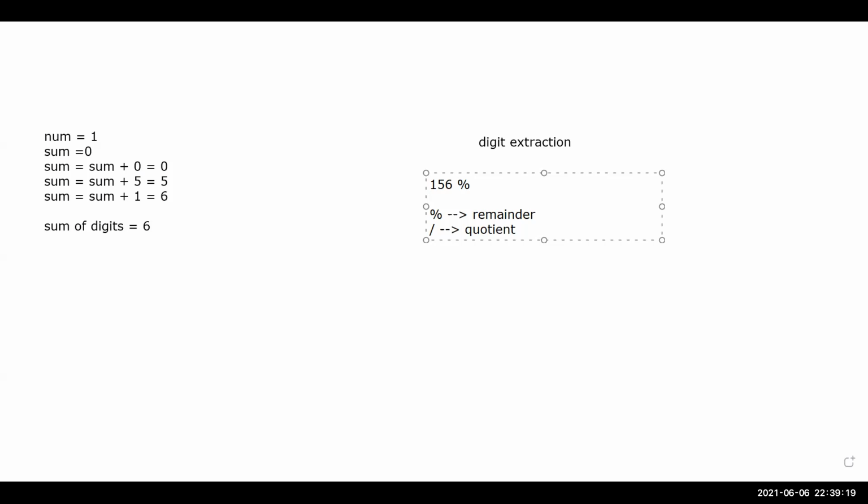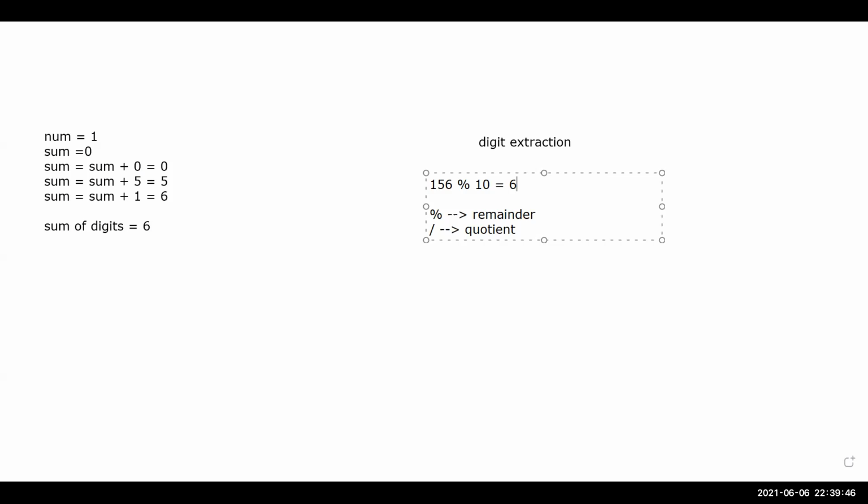So whenever you divide a number by 10, the remainder that you get is the last digit of that number, or the units place digit of that number, right? In the same way, if you divide a number by 100, then you will get the last two digits of the number. If you divide a number by 1000, then you will get the last three digits of that number.